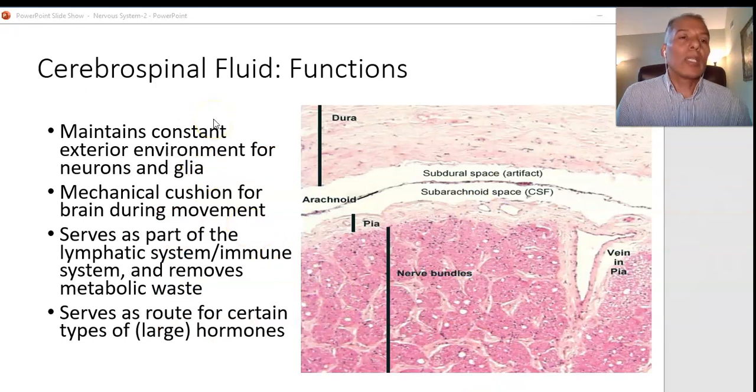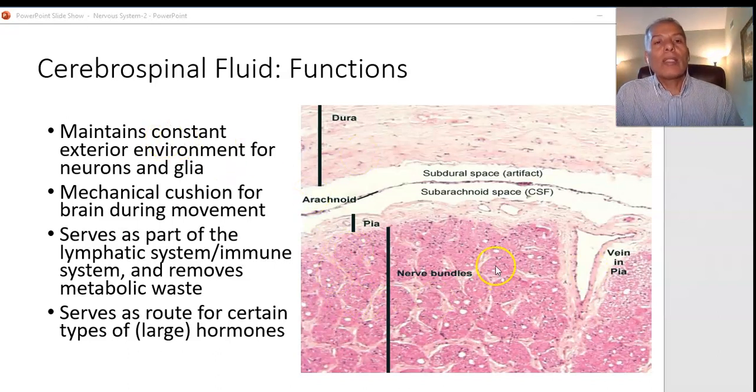So now let's look at the functions of the cerebrospinal fluid. That fluid, as I mentioned, resides in the subarachnoid space, right above the pia mater, below the arachnoid membrane. And it continues, and the fluid here is connected with certain ventricles, or certain spaces that are filled with fluid, that we'll discuss.